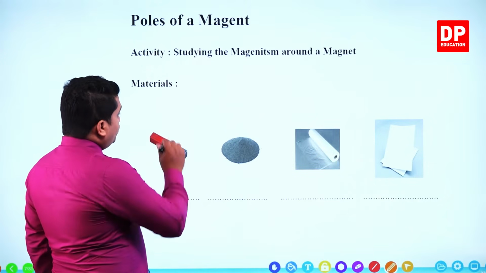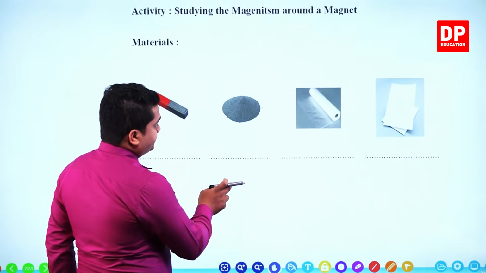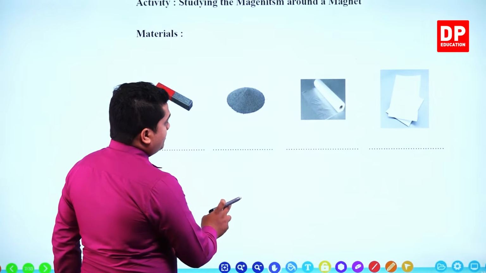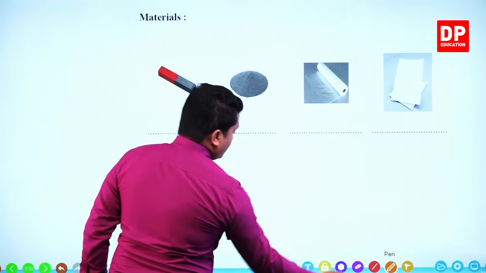So you'll be needing these materials. First of all, a bar magnet.